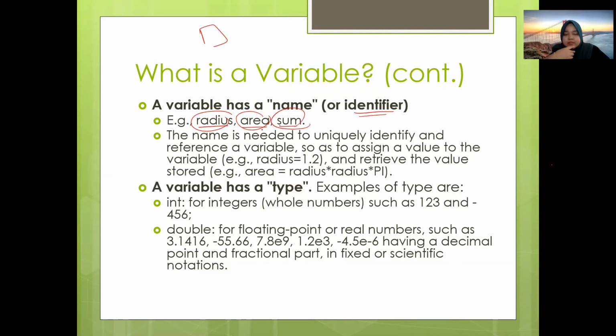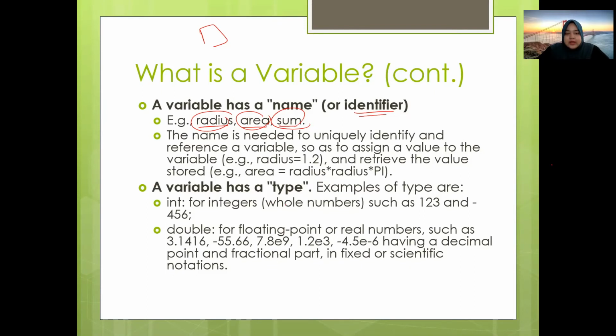Okay, the name is needed to uniquely identify and reference a variable so as to assign a value to the variable, radius equal 1.2, and retrieve the value stored, area equal radius darab pi. So this is how the identifier of a variable is used inside the coding.